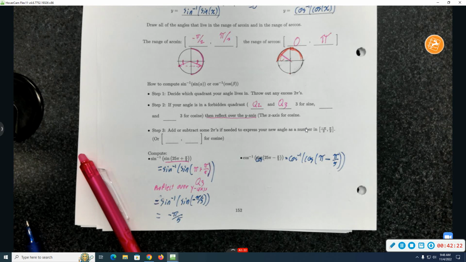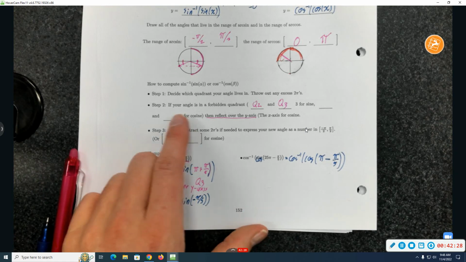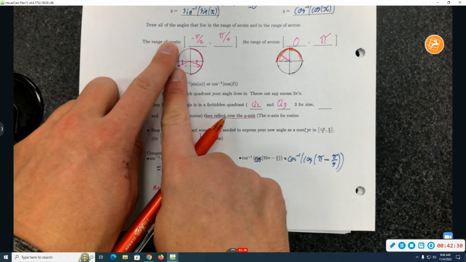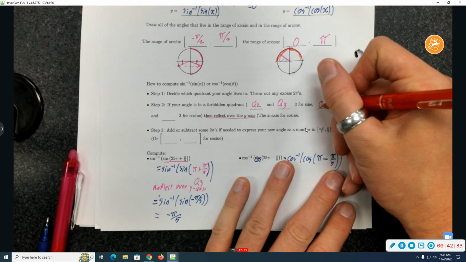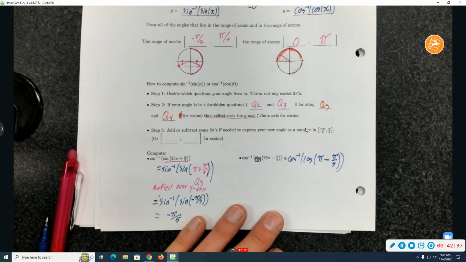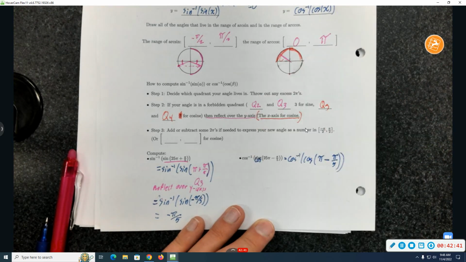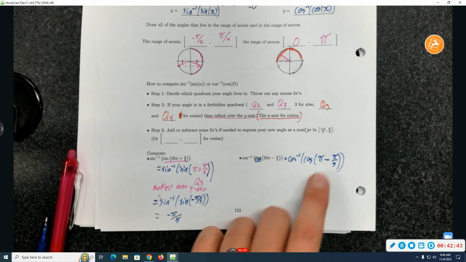If it weren't, then what reflection would we need to do? We'd reflect over the x-axis. So if your angle is in a forbidden quadrant, so that's quadrant 2 or quadrant 3 for sine, quadrant 3 or quadrant 4 for cosine, then you'd reflect over the x-axis. Okay.